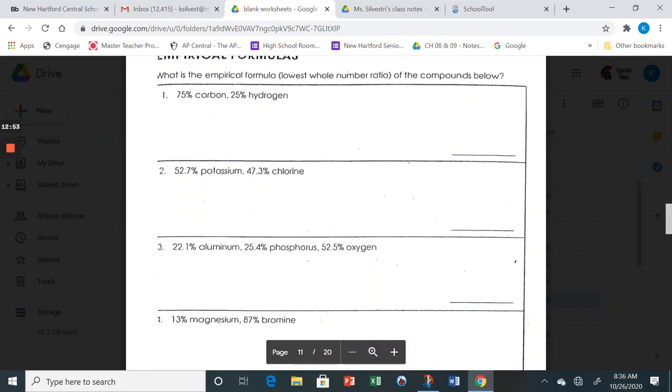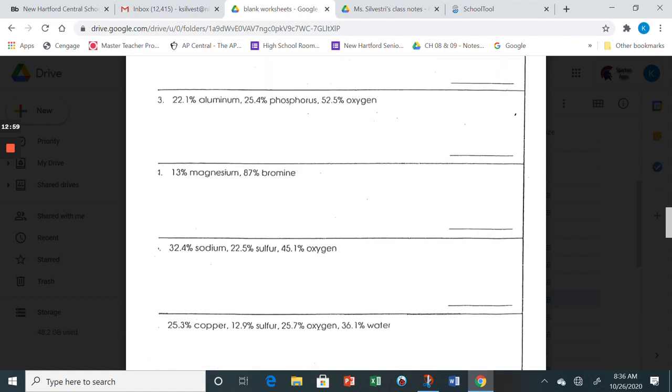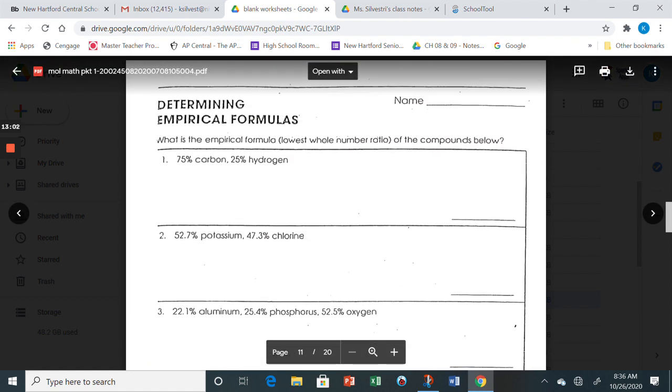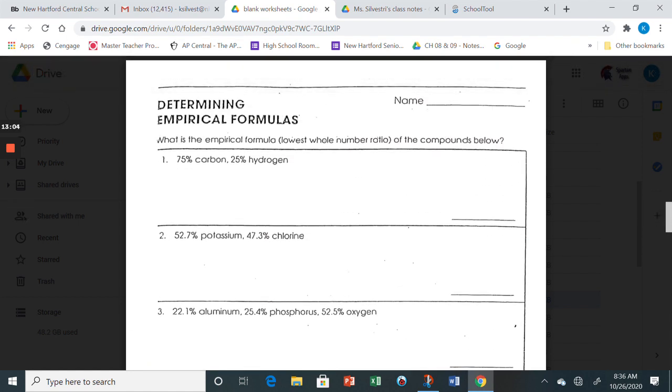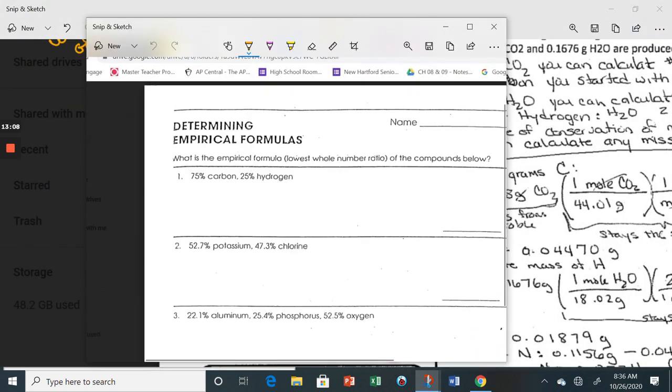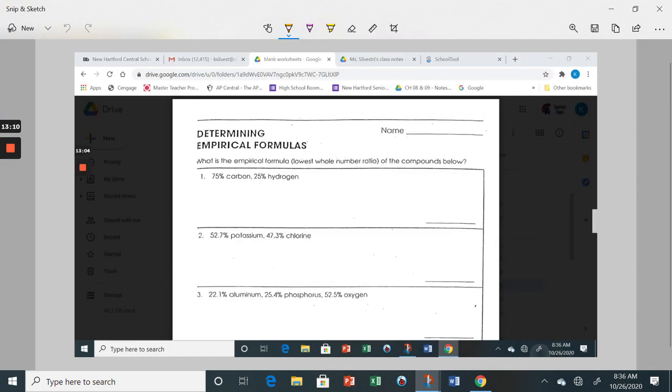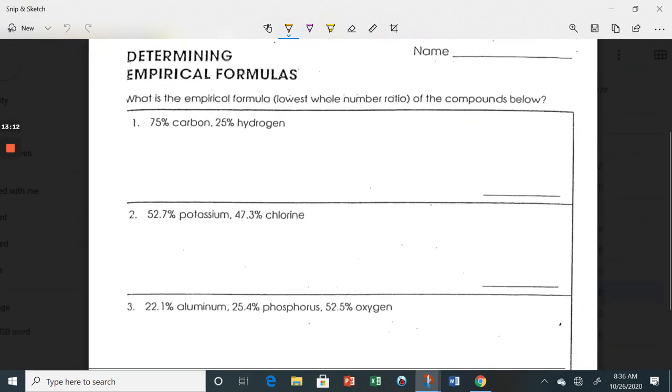Here's one. So this is out of your work packet. So if you open your work packet up to page 11, if we look at going through the steps, I have 75% carbon, 25% hydrogen.